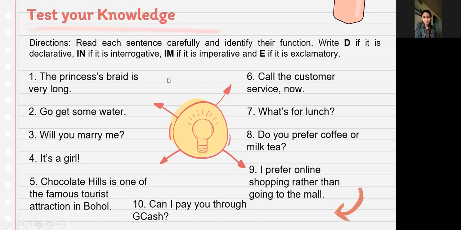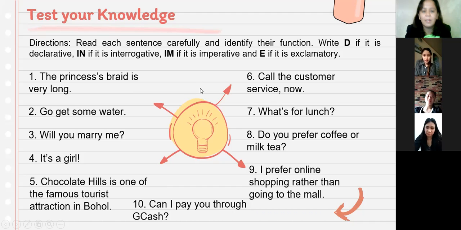Very good. So, those are the different types of sentences based on their function. Any question, suggestion, clarification? No, miss. All right.